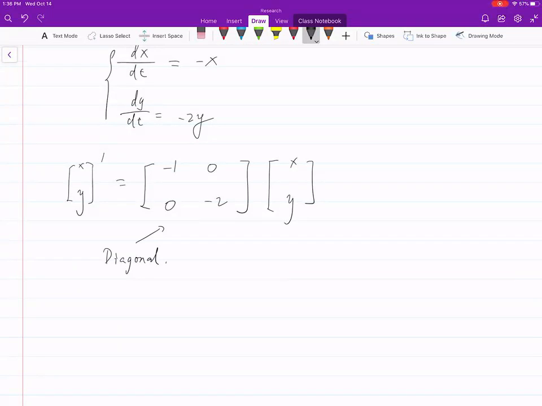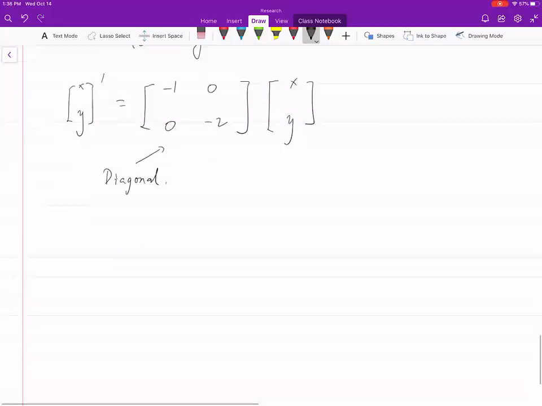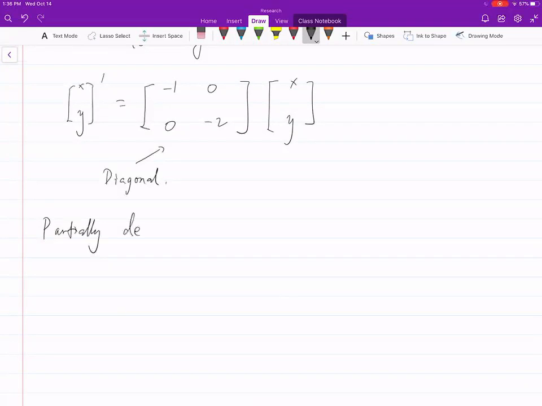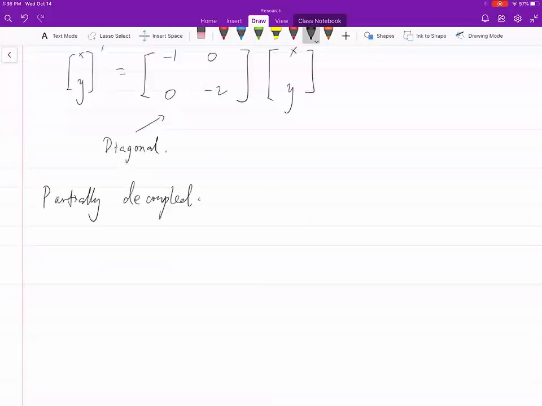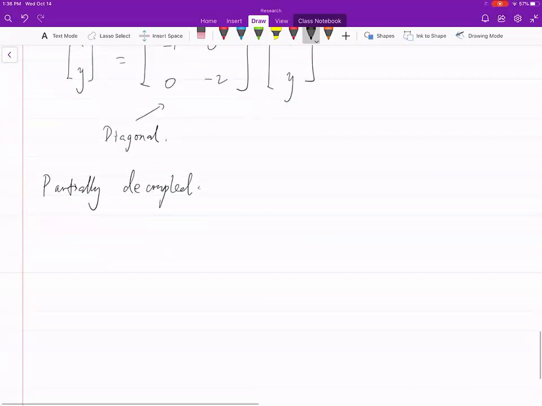Okay. What do you mean by partially decoupled? Partially decoupled basically means something like this.